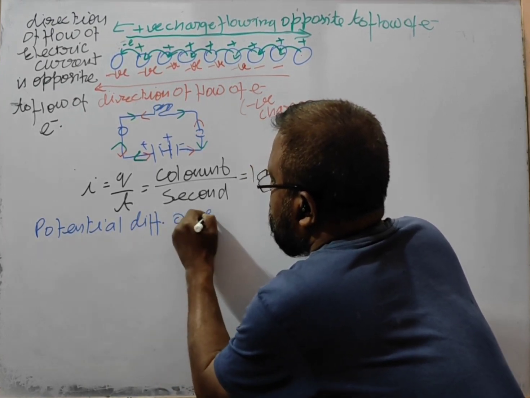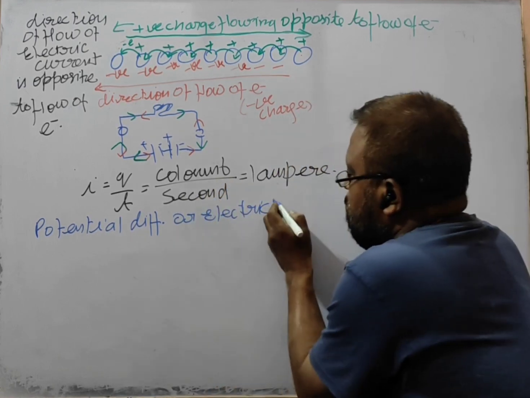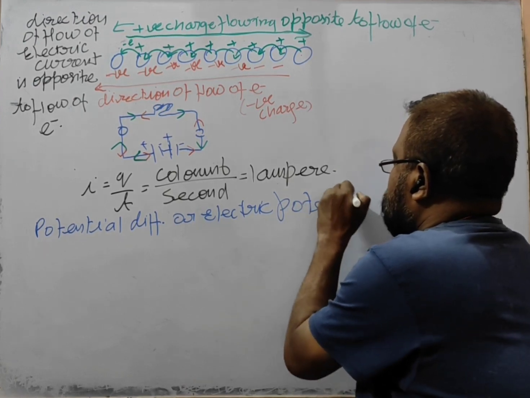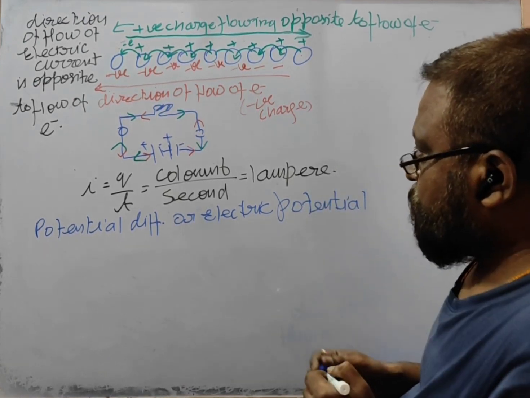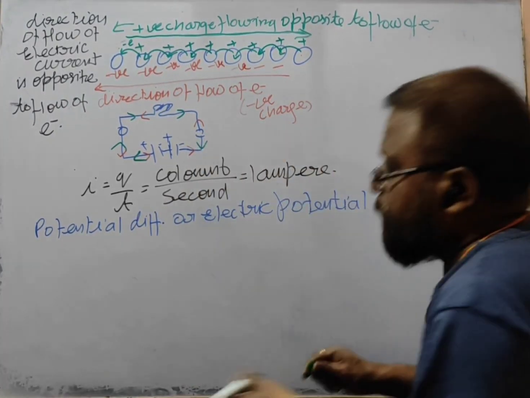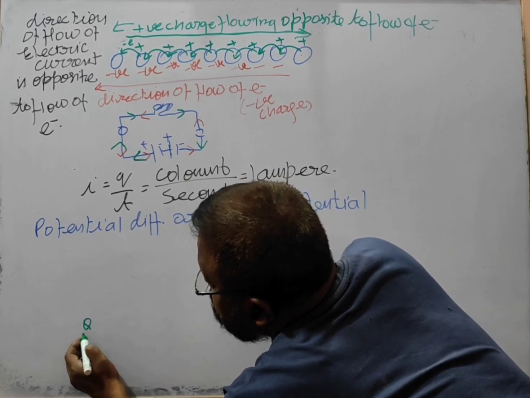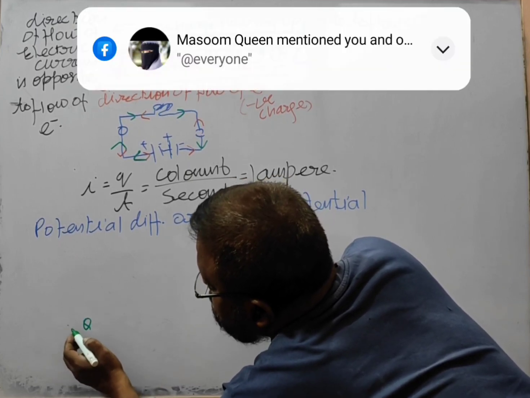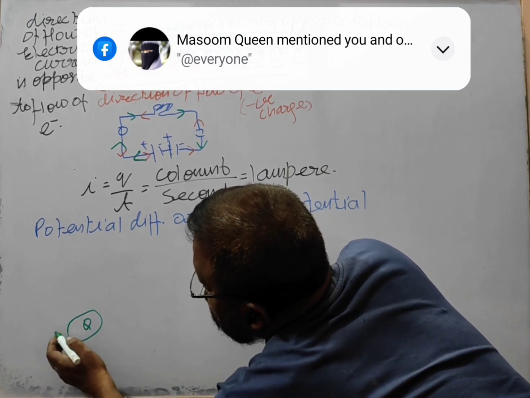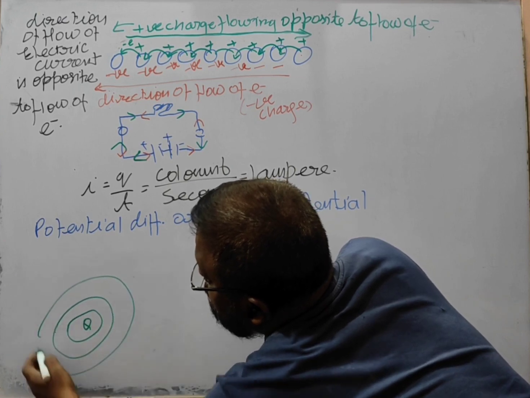Or electric potential, right? So what we have: there is a charge q, so it will have an electric field around it, right?